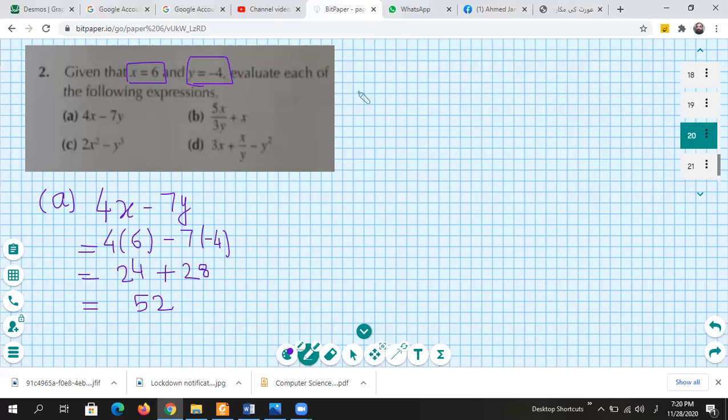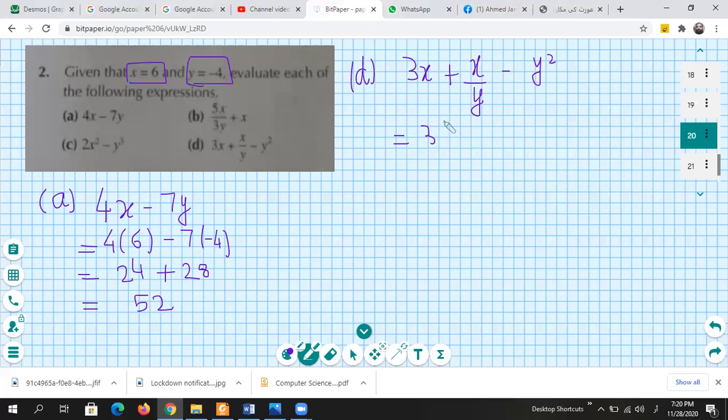Okay, I'm going to try part D now. Part D is 3x plus x over y minus y square. So again, we have to replace these x and y with their values, x equal to 6 and y equal to -4, which has been given in the question.